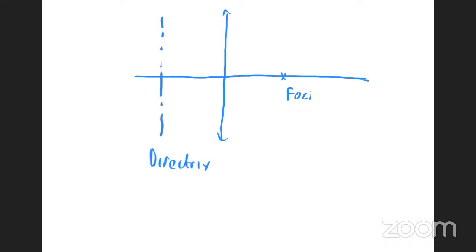Right? So on this, all we have to do is this. Every single point on the parabola is equidistant from the foci and the directrix. So it might be one in the middle here. It might be somewhere here-ish. The distance from here to here has to be the same all the time. It has to be equidistant from those two things all the time. If you were to plot it out, you will get something like this. Hold on, I'm going to give you a little sketch there.